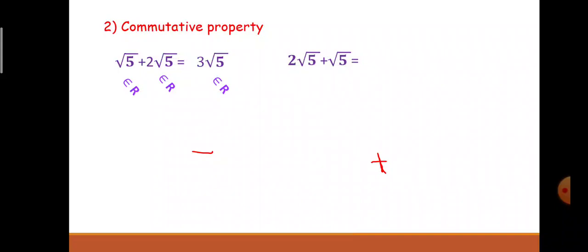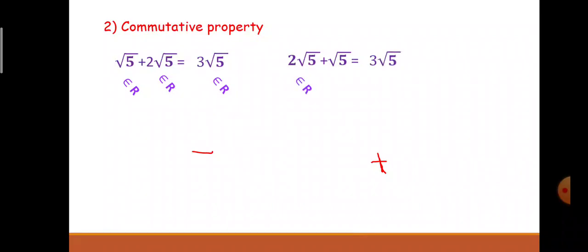The second property is the commutative property. Square root of 5 plus 2 square root of 5 will be equal to 3 square root of 5. Okay? The first term belongs to R. The second term belongs to R. The third term also belongs to R. Then, if we change the place of each term, 2 square root of 5 plus square root of 5 also equals 3 square root of 5.